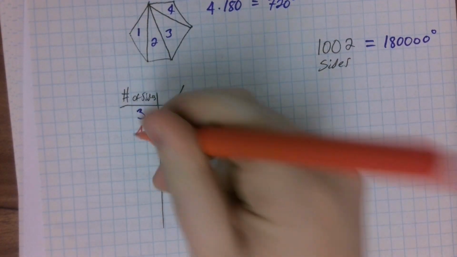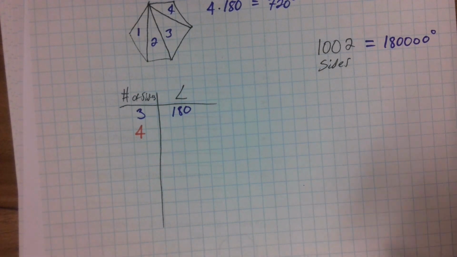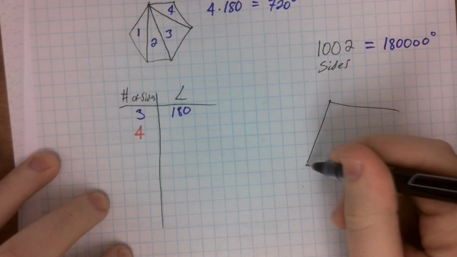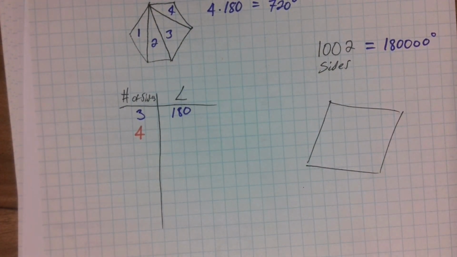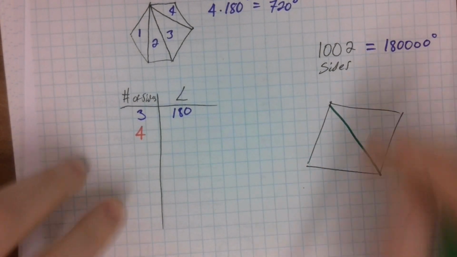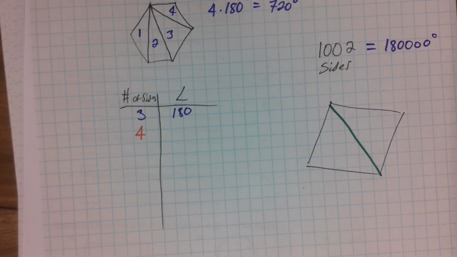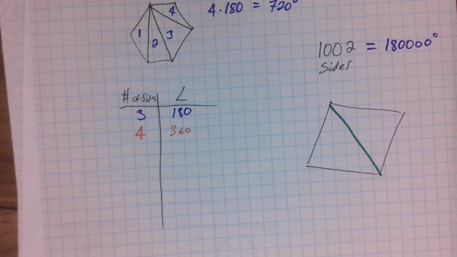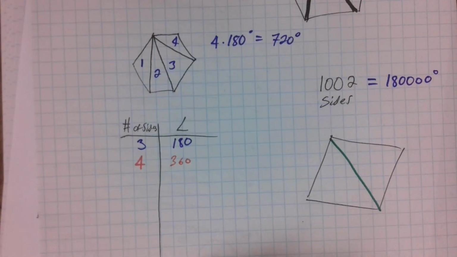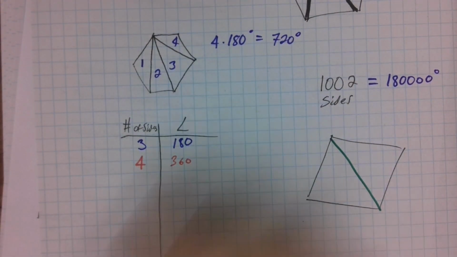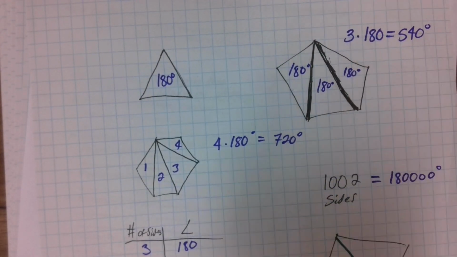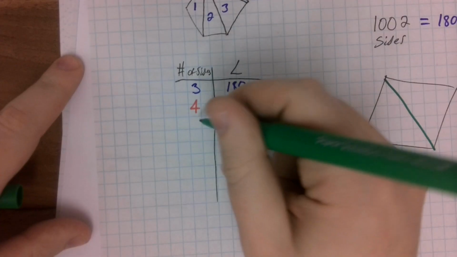If we did this with a quadrilateral, a 4-sided shape, well, we make a diagonal across. It splits it into 2 triangles. So 2 times 180 is 360. It's 360 degrees. The pentagon with 5 sides was 540, because again, 3 triangles times 180 was 540. So I'll write that down.